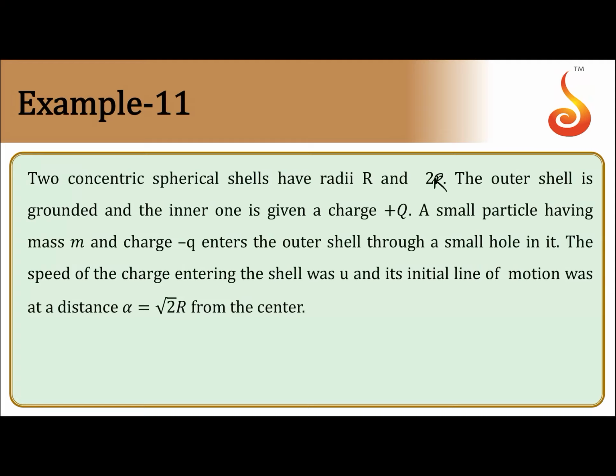A small particle having mass m and charge minus q enters the outer shell through a small hole. The speed of the charge entering the shell was u and its line of motion was at a distance 2r from the center. Okay, 2r from the center.